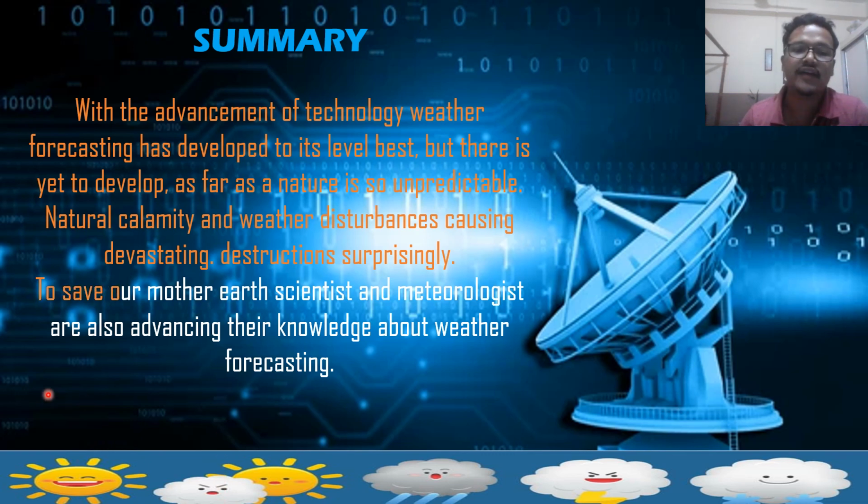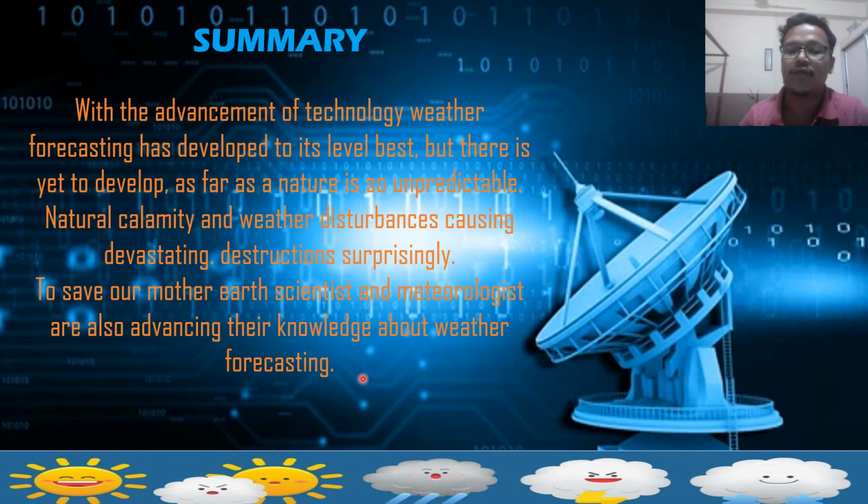To save our Mother Earth, scientists and meteorologists are advancing their knowledge of weather forecasting, and much research is going on, especially to help people during floods, to predict how serious, how bad, or how small a flood will be. This is one of the major issues we are facing now, and it is worth studying and researching, and you can do a lot of projects with it.